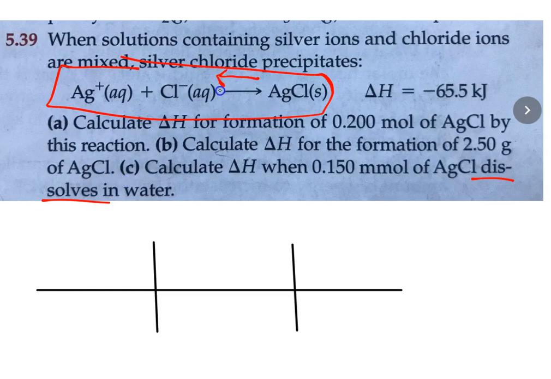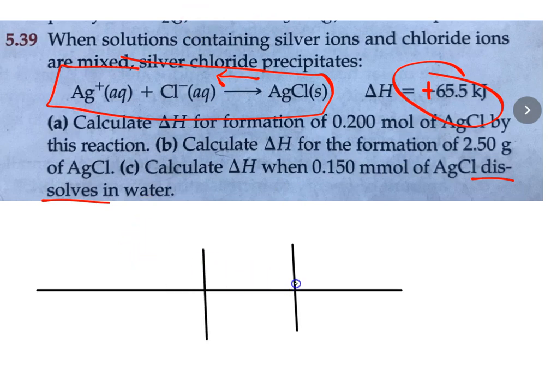So it's the reverse reaction, which means when you reverse a reaction, what do you do to the enthalpy? Multiply it by -1. You switch its sign. Because if it gave off 65 when it was formed, it's going to take 65 to break it apart. We okay with that? Okay, so just remember, for part C, we now have an endothermic process.